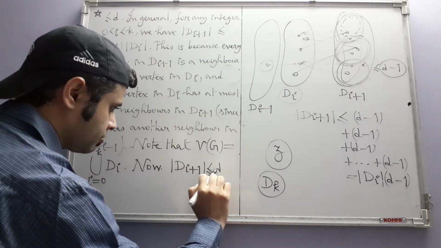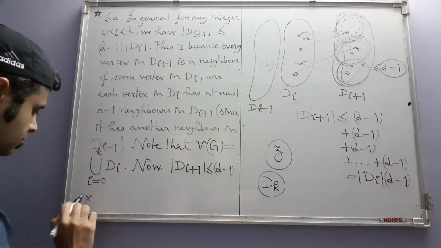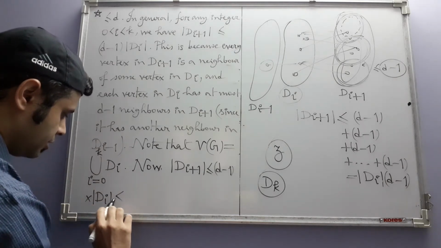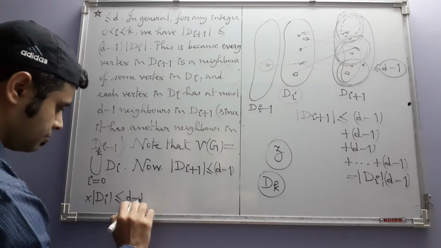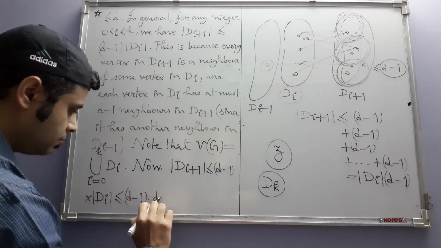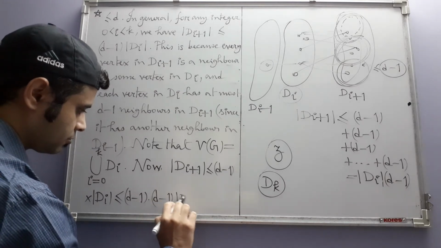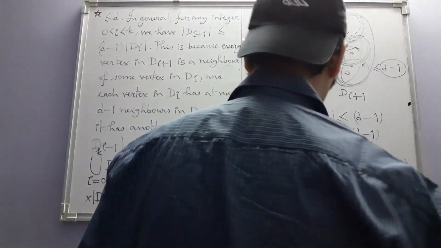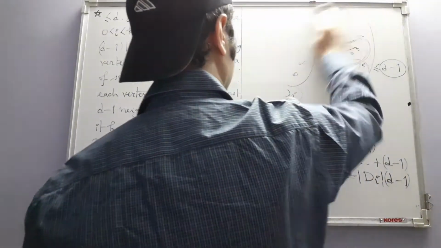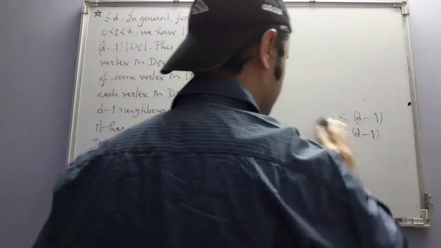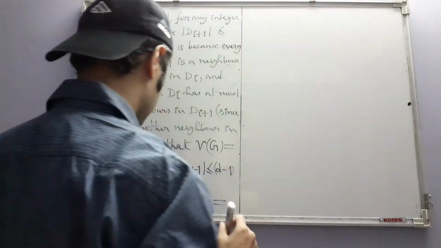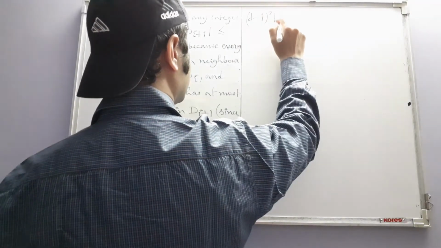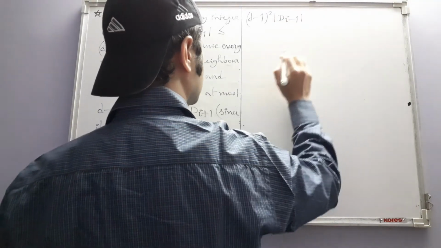This is less than or equal to d minus 1 times the number of elements in di, which itself is less than or equal to d minus 1 times the number of elements in di minus 1, that is d minus 1 squared times this.